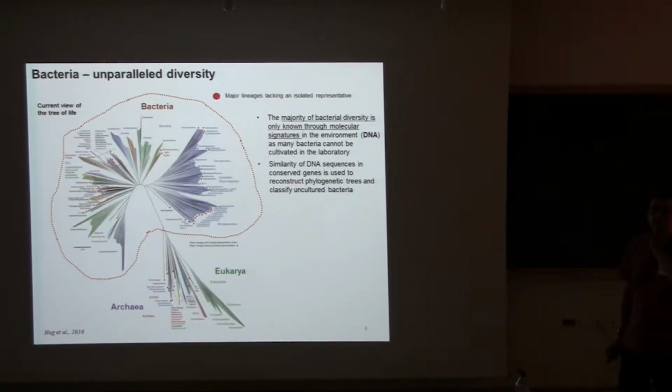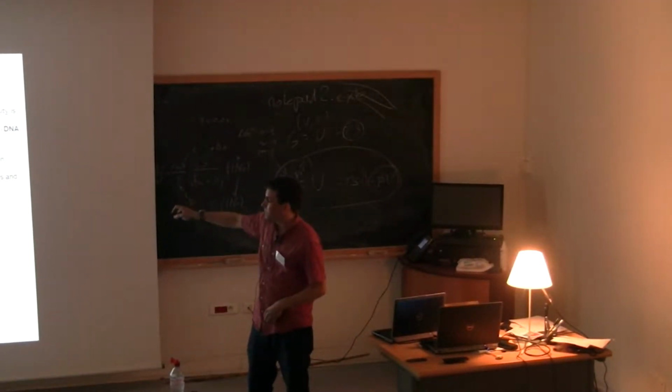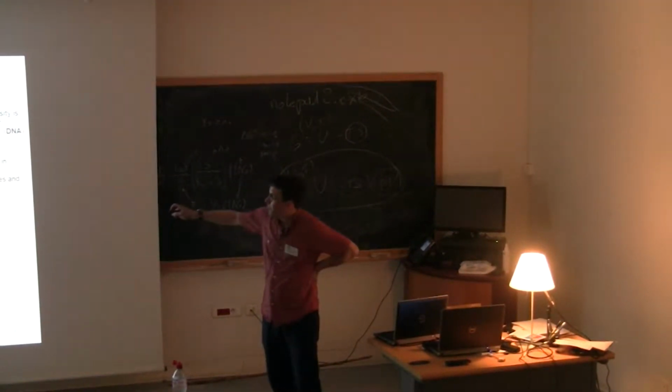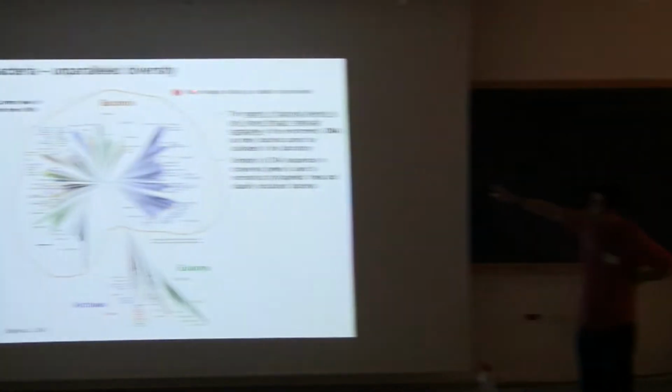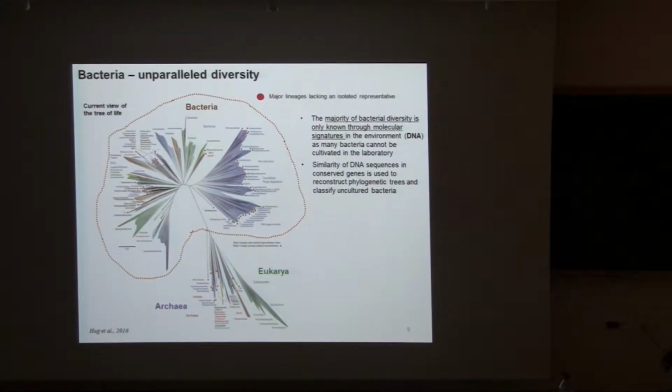What is really amazing is that most of this bacterial diversity is known only through molecular signatures. That means we've isolated DNA from soil, we've sequenced it, and we found out that this DNA belonged to species of bacteria. The red dots indicate lineages that don't have an isolated representative. That means that we are not able to grow those organisms in the lab. We know them only through the DNA.